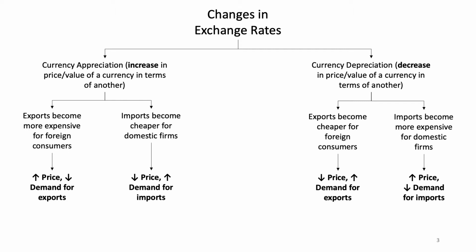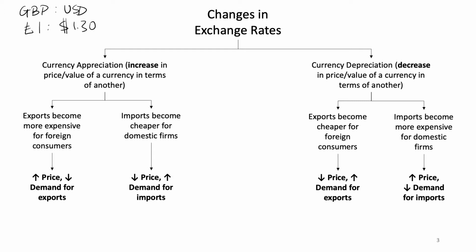Firstly, currency appreciation. Let's compare the pound to the dollar, and we'll be using this example throughout. So let's say that the exchange rate between the pound and the dollar starts off at £1 to $1.30.